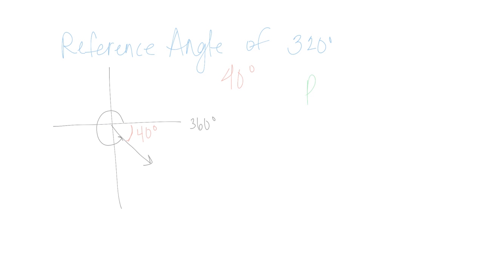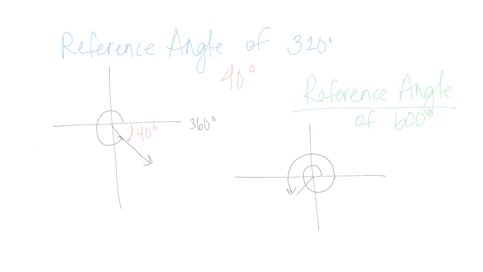Okay, one more. What if we want the reference angle for 600 degrees? So now we're going to be here. All right, 600 degrees, that means I go a whole 360, and then I go another 240. So that puts me in the third quadrant.